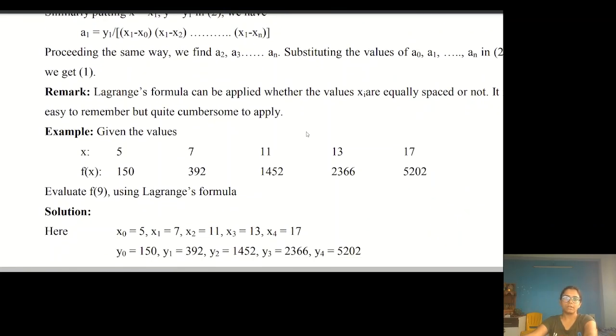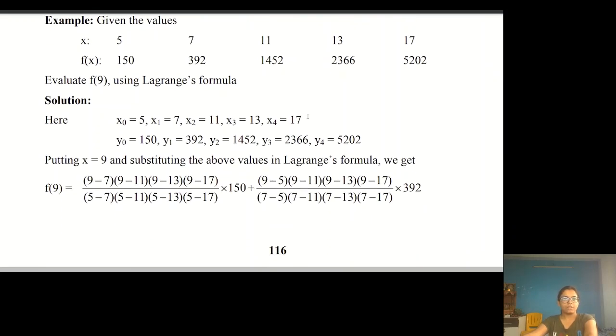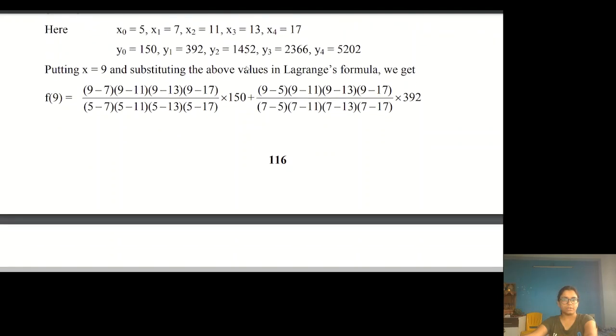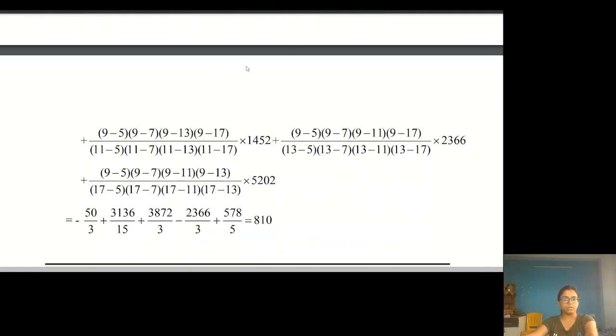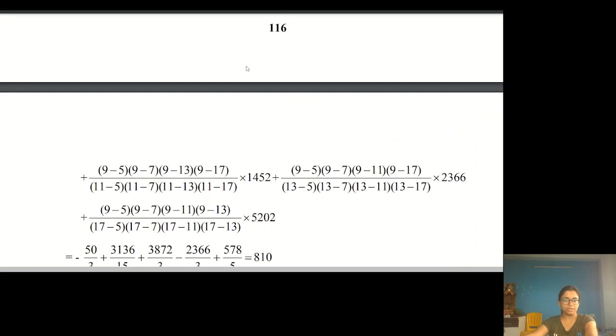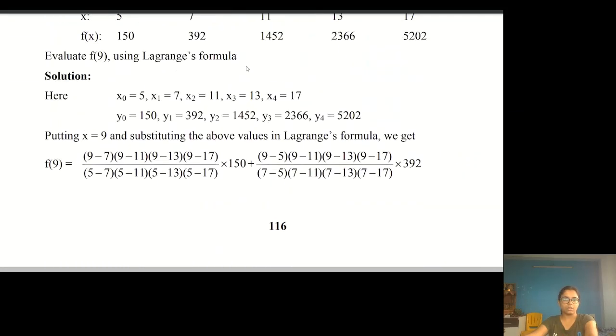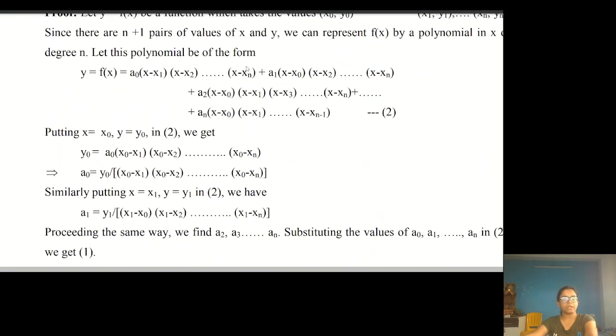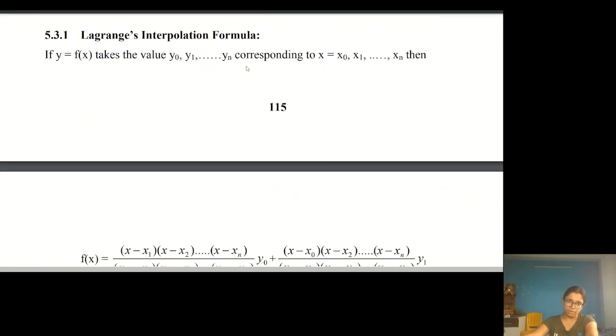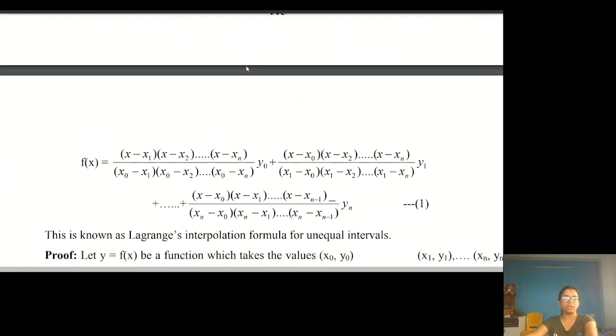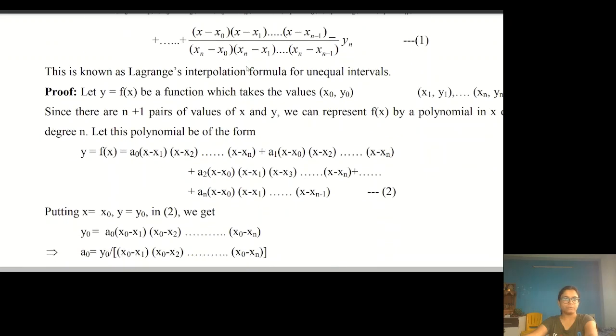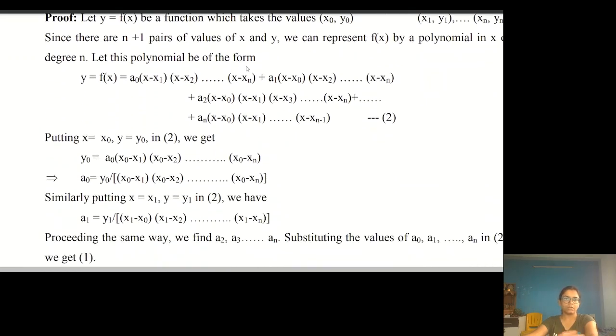So we will prefer divided difference. As you can see, we have an example, you can have a look at the whole differences, and that's how we do the Lagrange's interpolation formula.